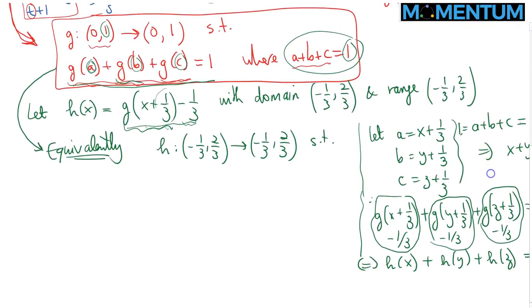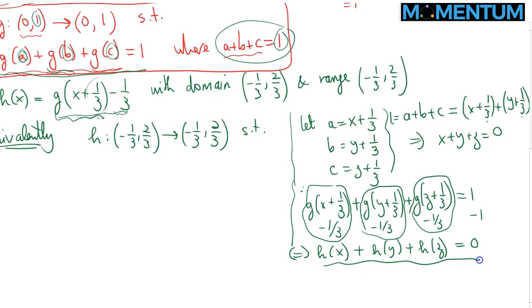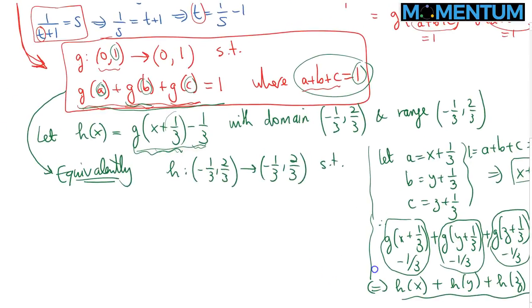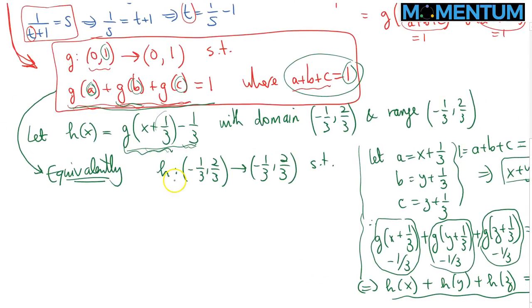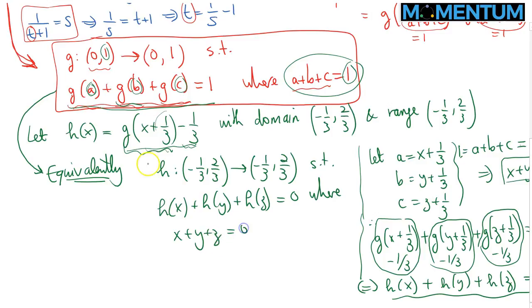So we have this functional equation coming up with this condition. Equivalently, we have h of x plus h of y plus h of z equal to 0, where x plus y plus z is equal to 0. Boom.